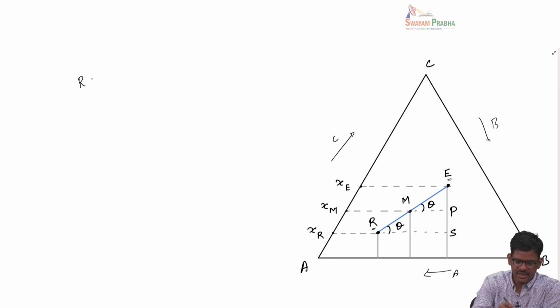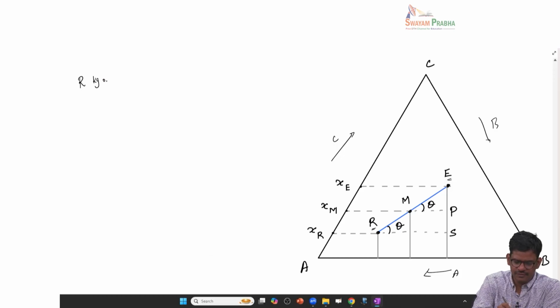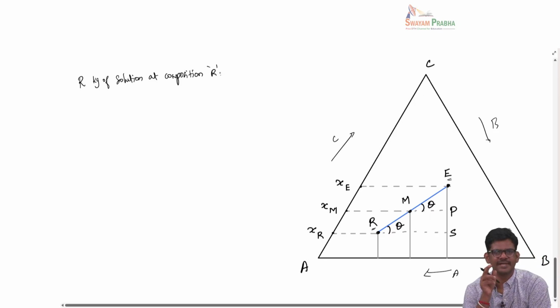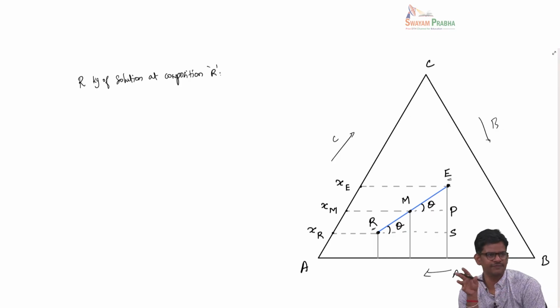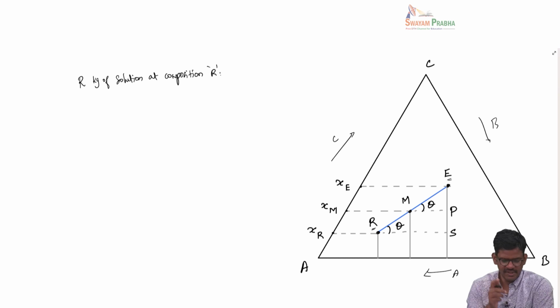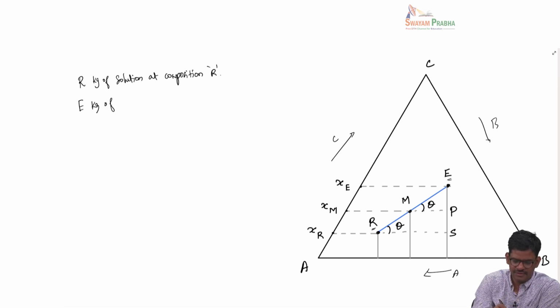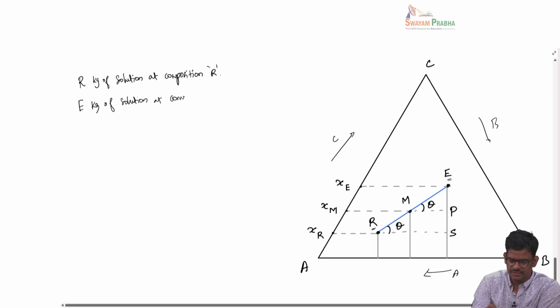Let's say I add R kg of solution at composition R. I am using this letter R to denote both the mass of the solution and the point of the corresponding composition. Let us say I have another solution, that is E kg of solution at composition E.